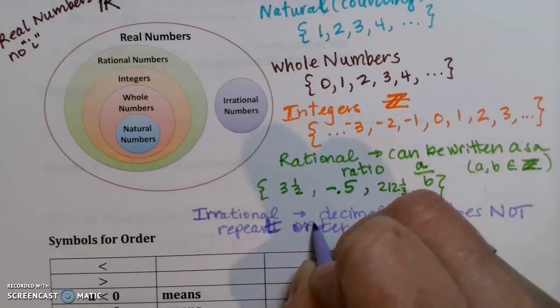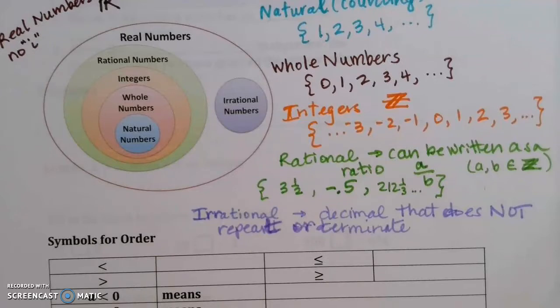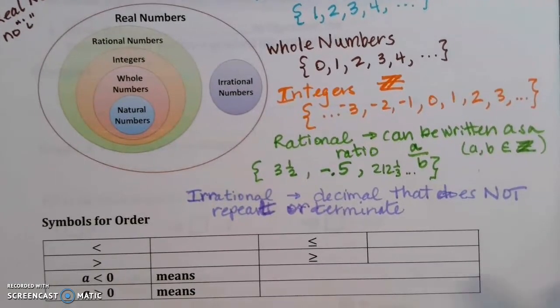So these are numbers that, when they are in decimal form, do not stop ever, and they also don't repeat. There's no pattern that we can find.